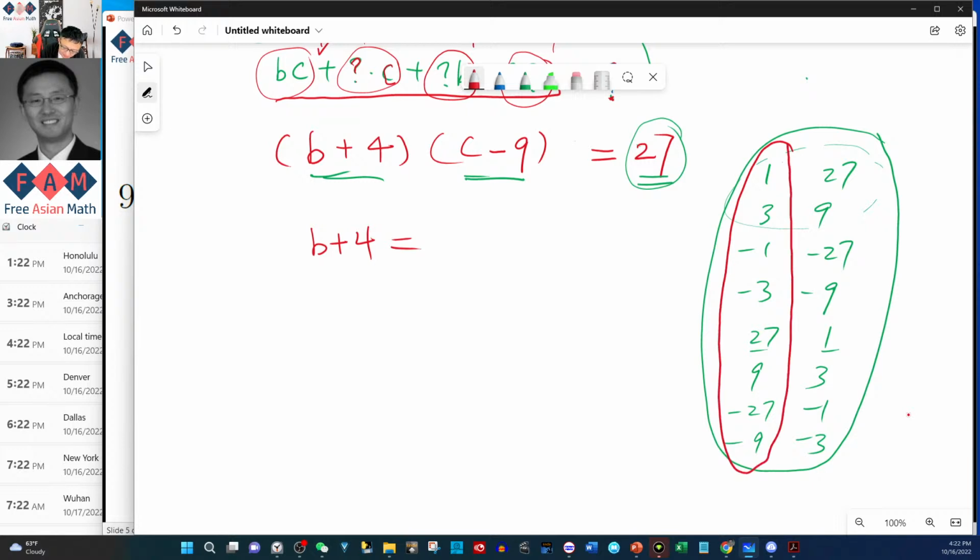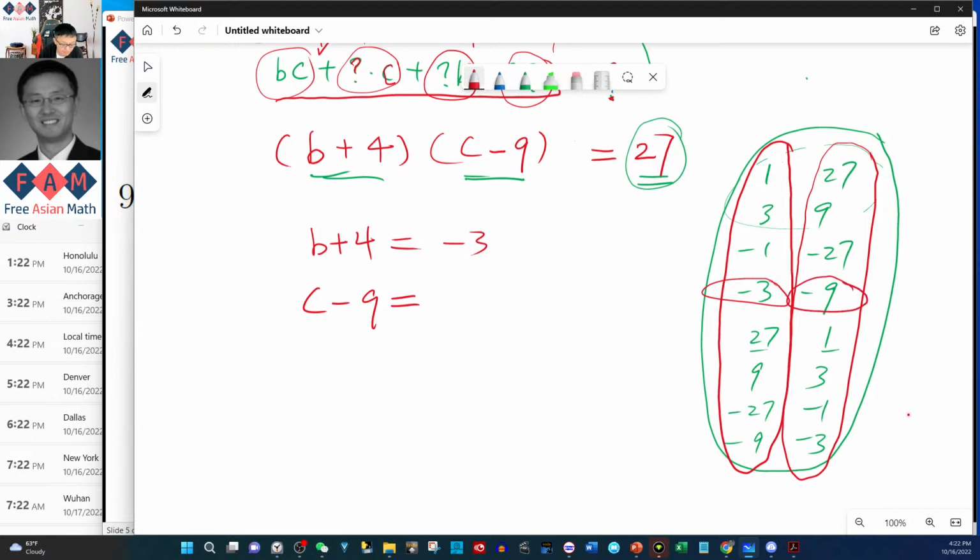At that time, simultaneously, C minus 9 must be the corresponding number on the right-hand side. For example, if B plus 4 is -3, then C minus 9 must be -9, right? Because they multiply together to get 27.